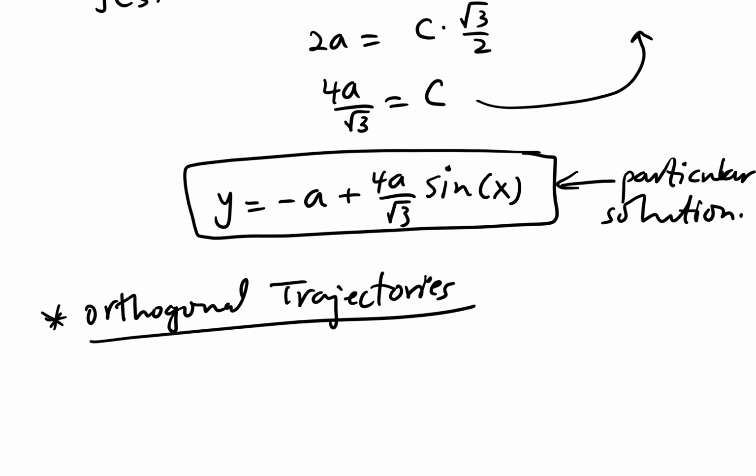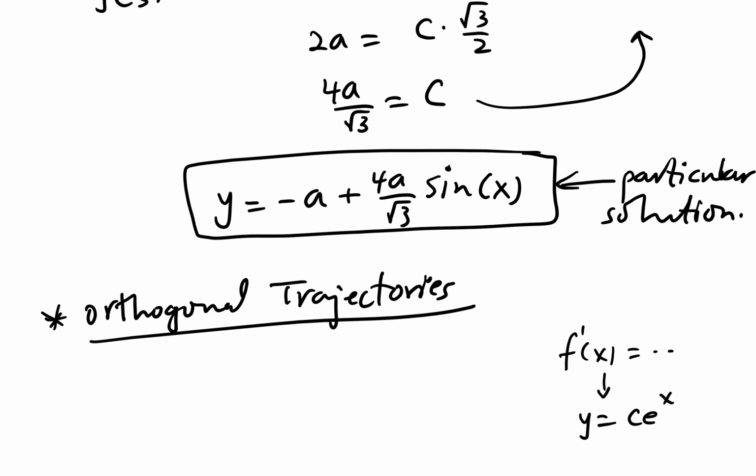The solution was like an exponential function. Say you had a differential equation, f prime of x equals something, and then when you solve for y, you get like c e to the x or something, right? So for every c, you're getting a curve. The curve itself is a solution, it's not a point anymore.